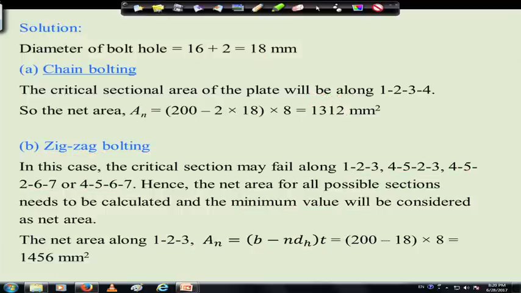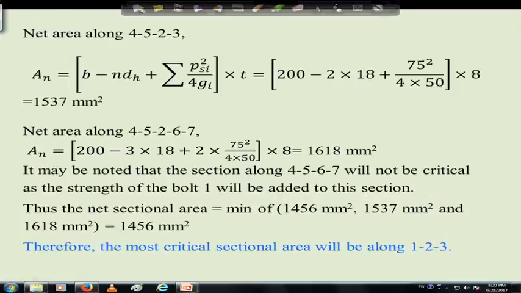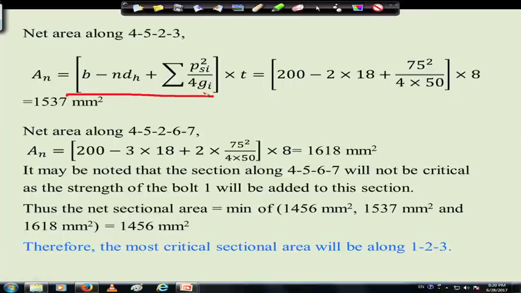Similarly, if I go next to 4, 5, 2, 3, we can find out the net area, that will be (B minus n d_h plus ψ² by 4g) into t. Here along 4, 5, 2, 3, 2 bolts are coming into picture. So, the deduction we are going to do is the area of the bolt holes of 2 bolts.